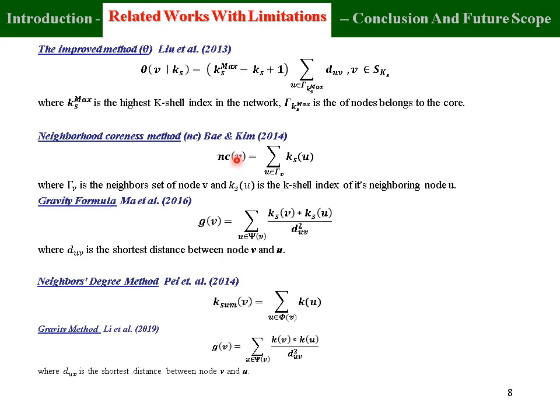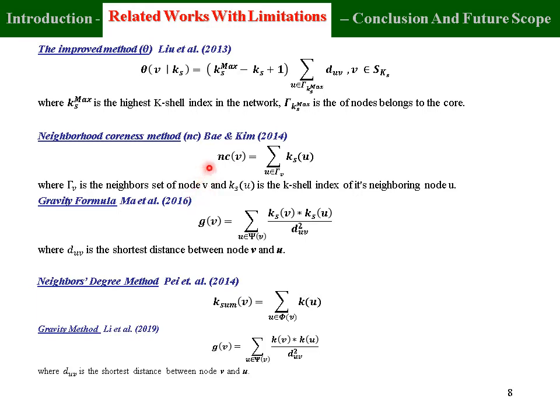We first determine which nodes are in its neighborhood, and then add up the KS values of all those nodes. Suppose V has 3 neighbors, V1, V2, V3. We first compute the KS values of V1, V2 and V3, and add them up to get the neighborhood coordinates measure. We compute this for all nodes, then rank them based on this value. So this is neighborhood coordinates.